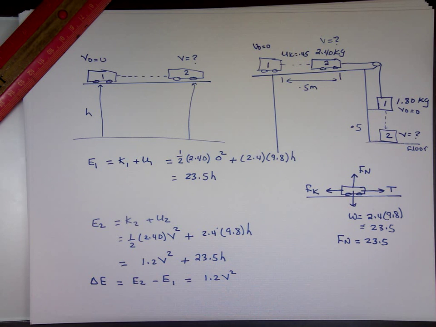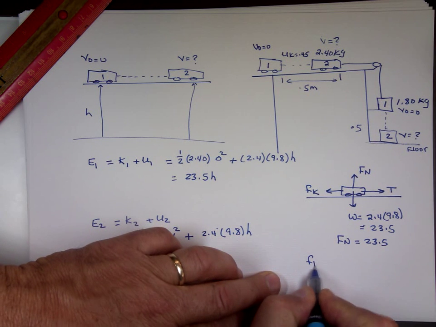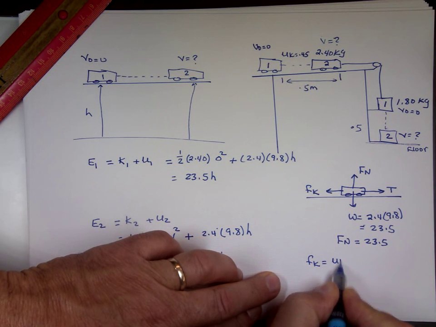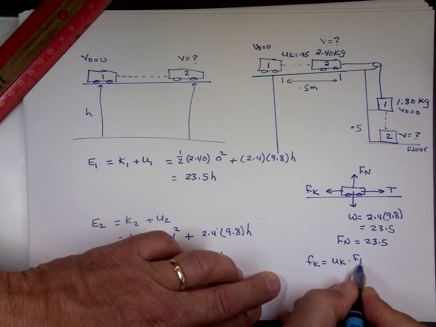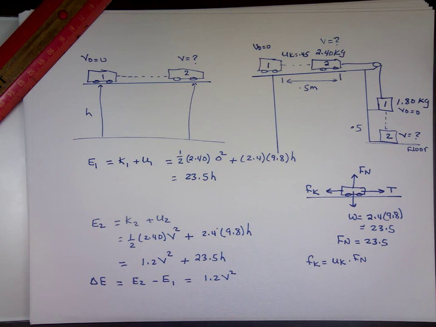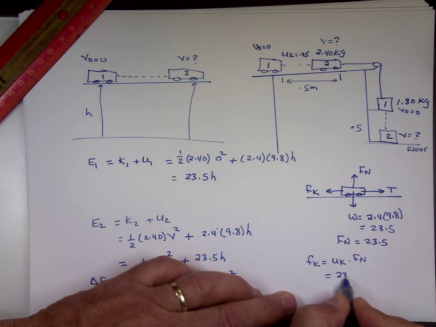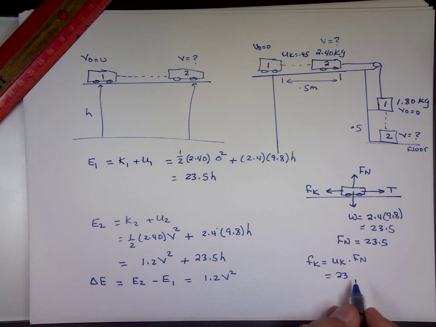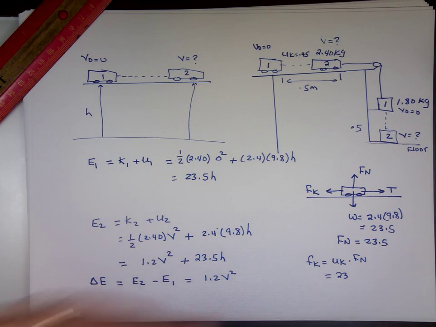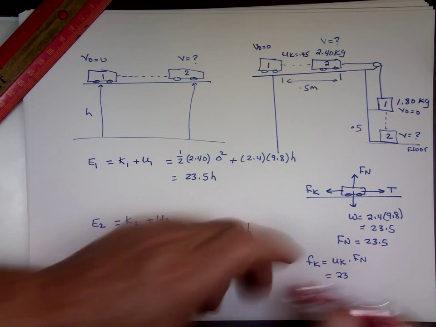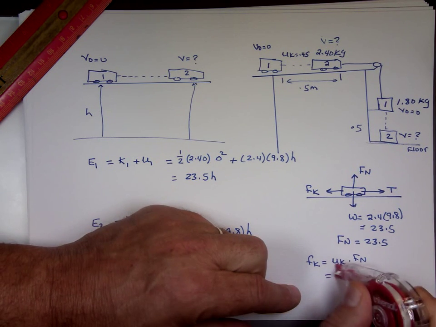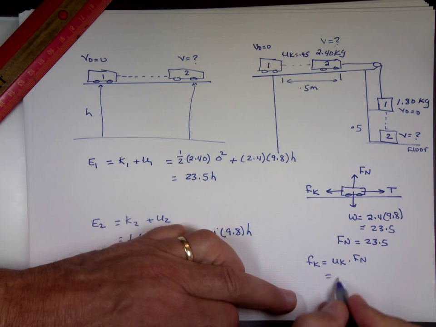What else? The kinetic friction is mu k times the normal force. Mu k is 0.45 times the normal force, which is 23.5.